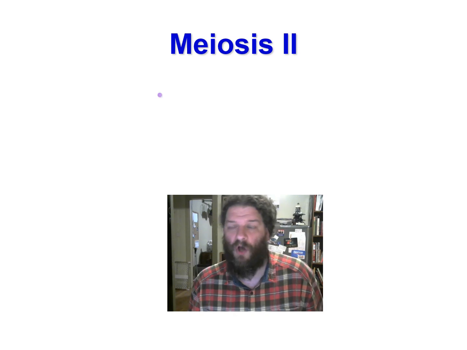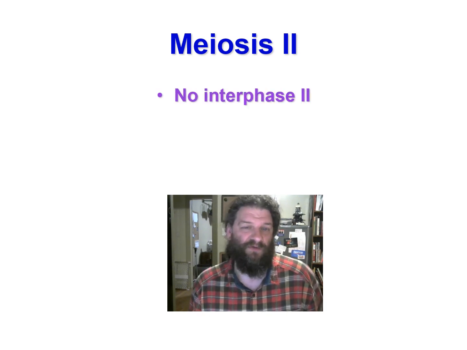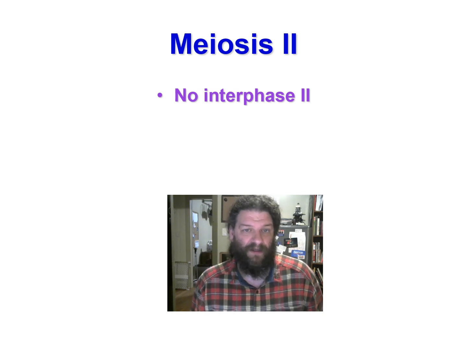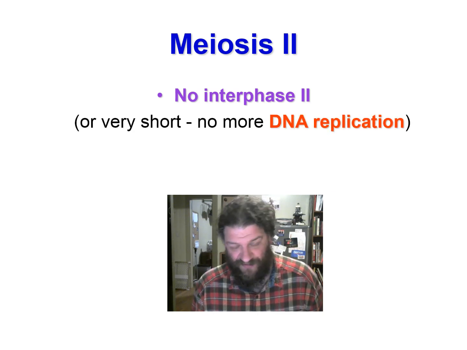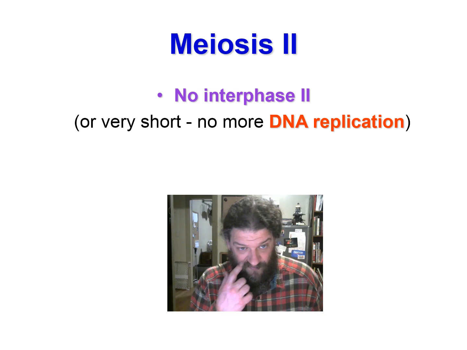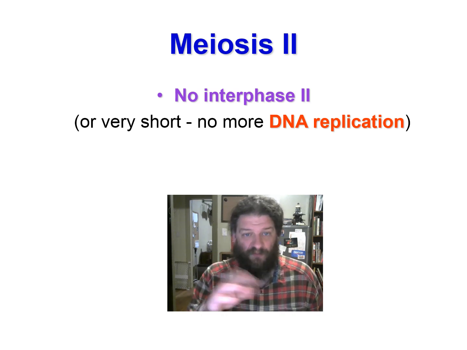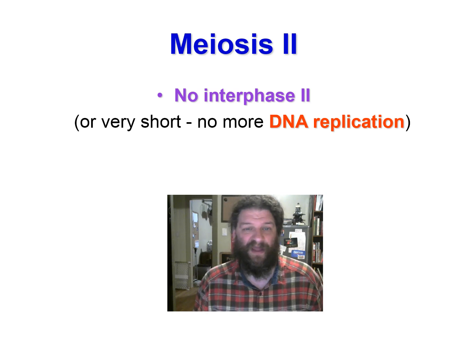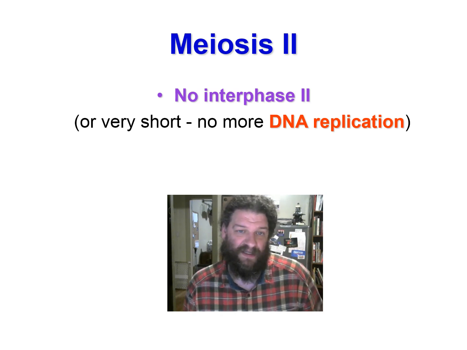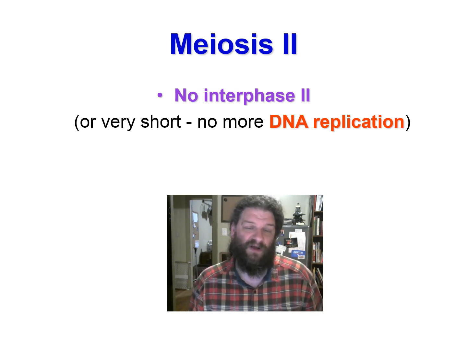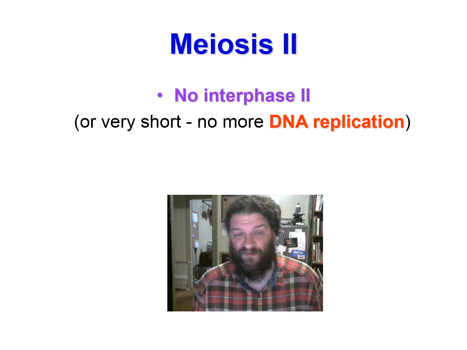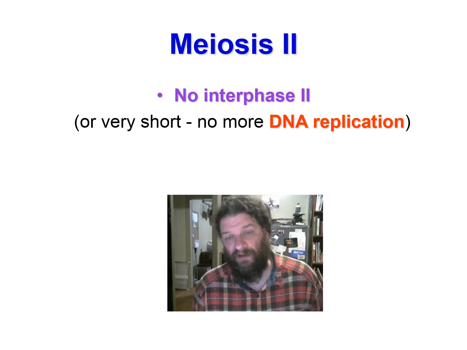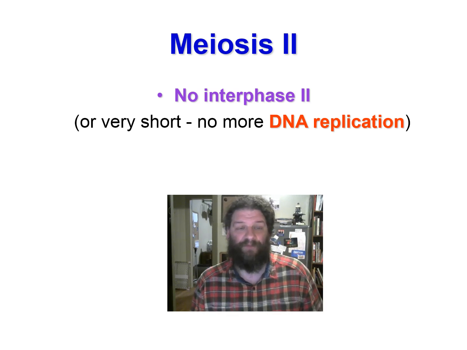We're going to go into interphase really briefly if you're a male. In females, interphase actually is very long for some cells. We'll talk more about this when we get into the differences between spermatogenesis and oogenesis. But generally speaking, we talk about interphase being suspended because there is no DNA replication, whether you're talking about boys or girls.